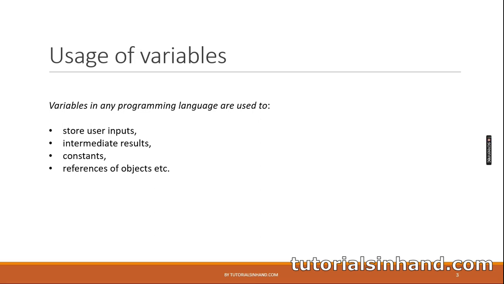It can store any user input, it can store any intermediate result of complex calculations. Not only that, it can also store some constant value like the value of pi, 3.14, that you can store in a variable. And also you can use variables to store references for an object. That is, when you pass those objects, it is like pass by reference, not pass by value.